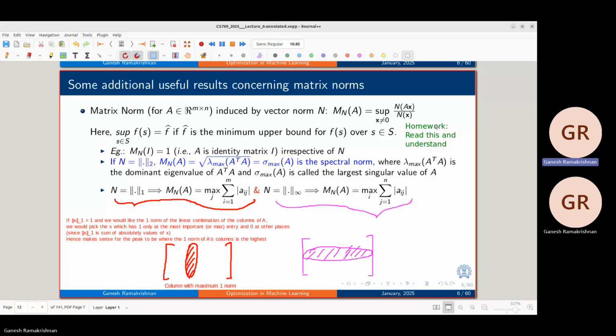Basically, this column with the maximum one norm is what I should pick up. The rest I should not pick up, given my limitation of one norm. So it makes sense for the peak to be where the one norm of A's columns is the highest.